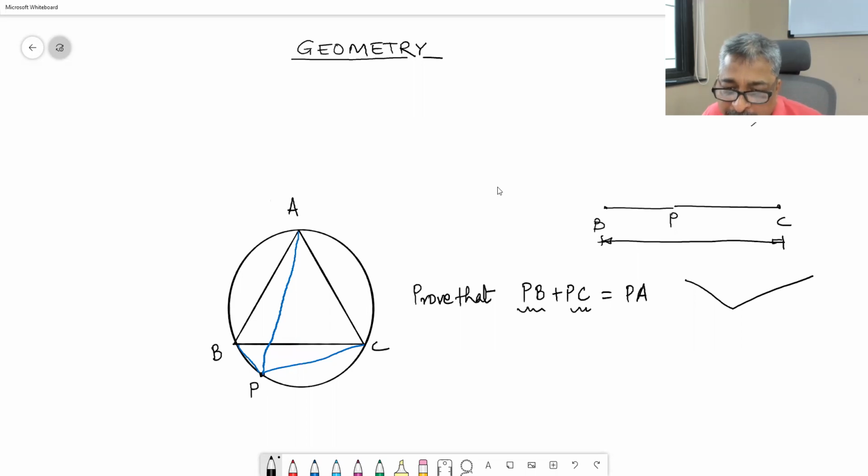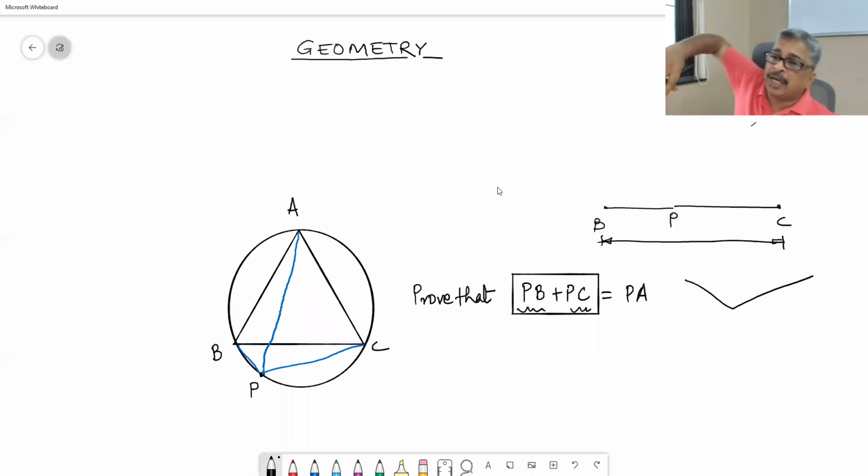the segments. Whenever you have segment summation, it is like a broken segment. You make it straight. That is the construction. You make it straight so that you will be able to measure its length very quickly. That is the additional construction you are required to do. Understand what I am trying to say? Broken means it is broken in two parts like this, and you want to measure the total length.